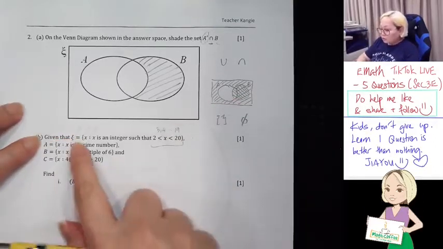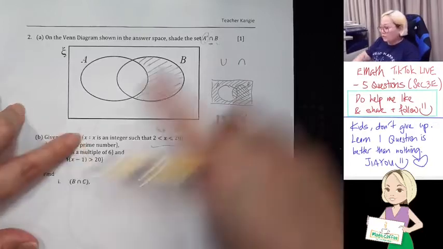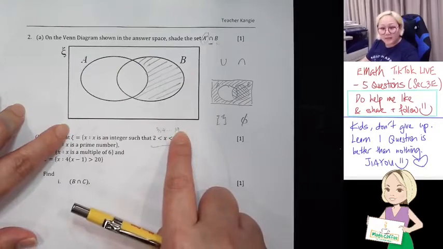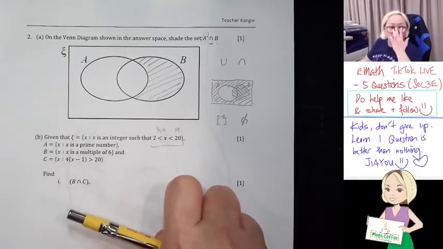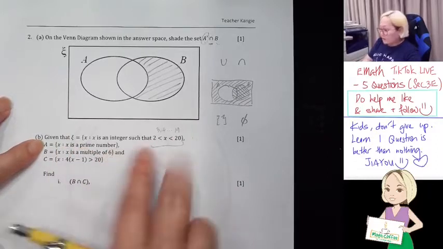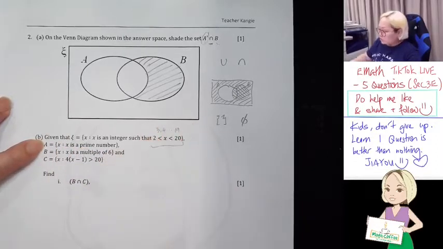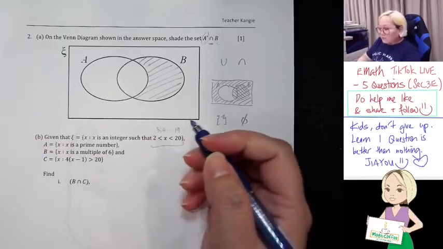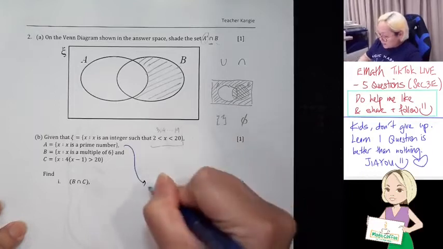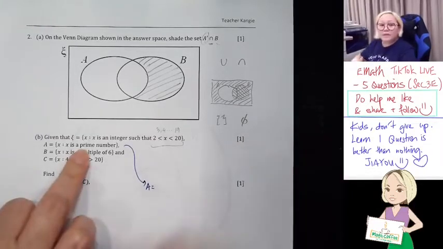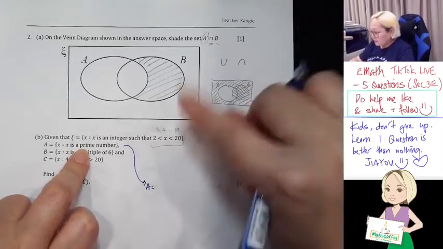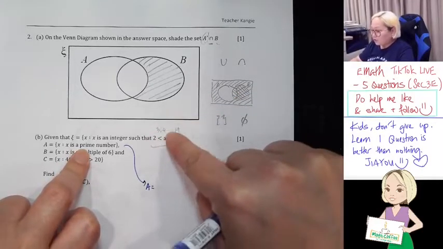Okay, so your universe, just like your rectangle, consists of numbers from 3 to 19. Understand? 3 to 19. Then my set A, they tell me it is a prime number within these numbers. So usually I will always list down. My prime numbers start from what number? 2, but take note, 2 is not inside my universe set.